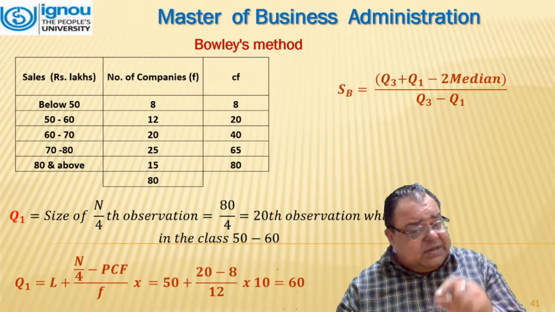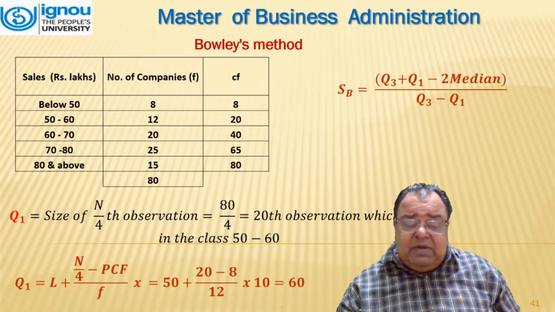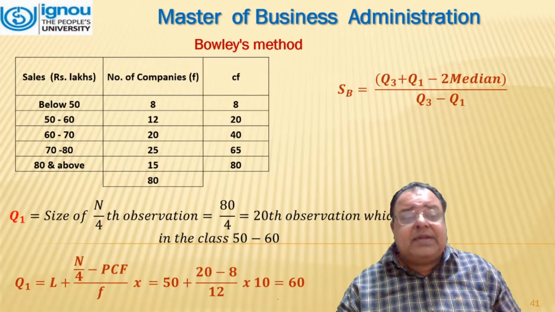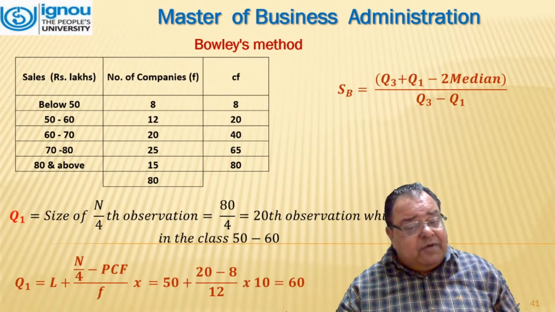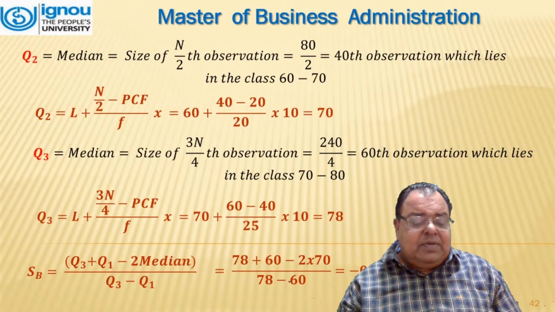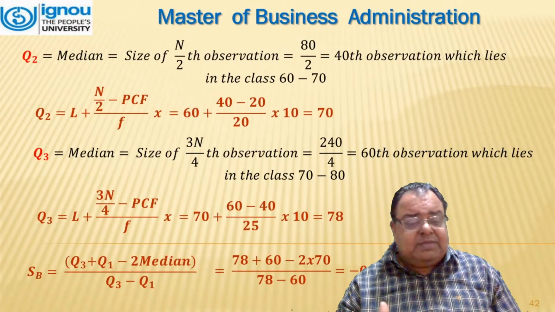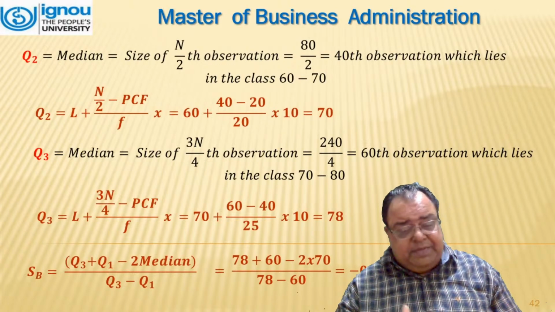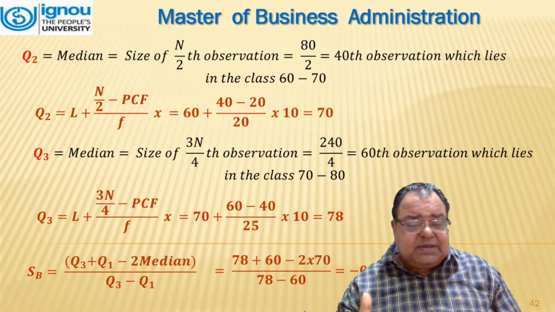That comes out to be 65. So here, we will be taking the 70 to 80 class. Its frequency will be 25 and the PCF will be 40. Q3 is equal to L plus 3n by 4 minus PCF upon F into I. That is 70 plus 60 minus 40 by 25 into 10. It comes out to be 78.